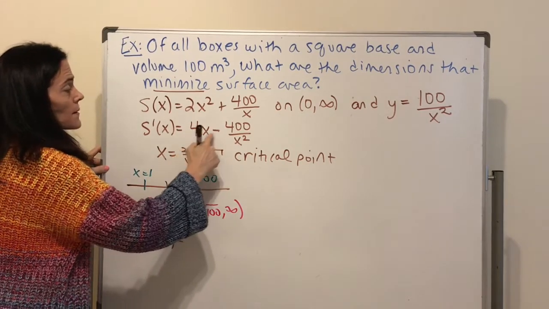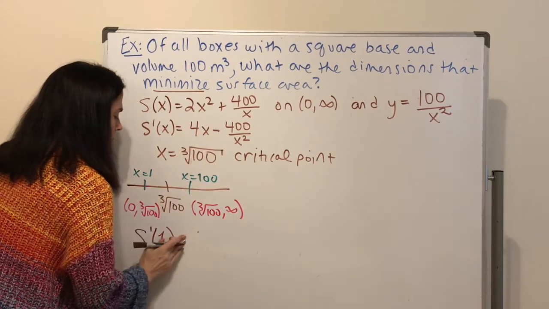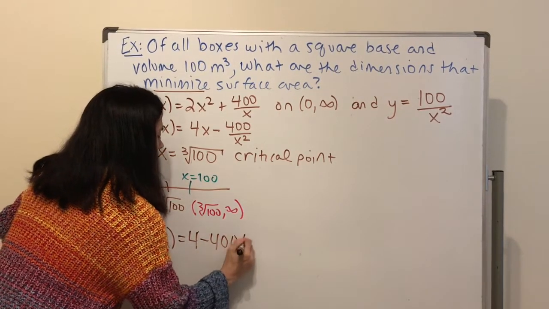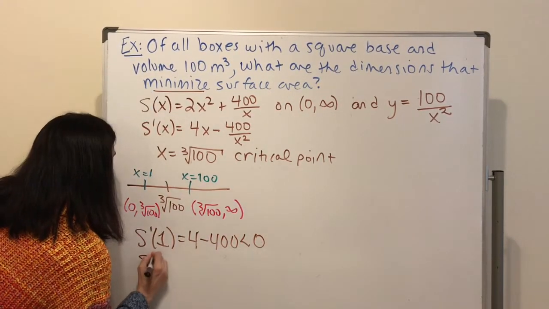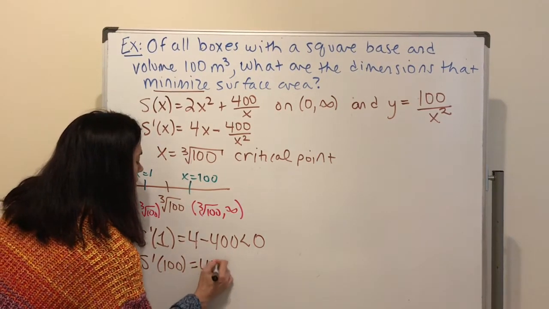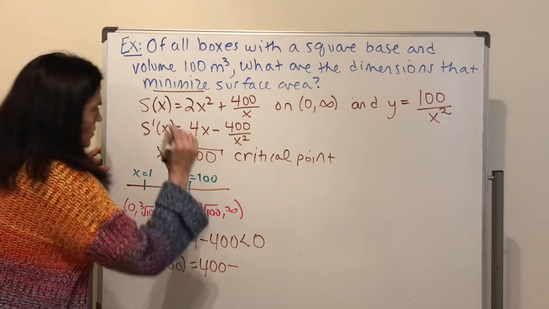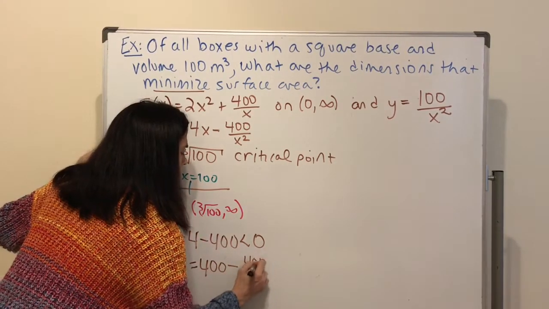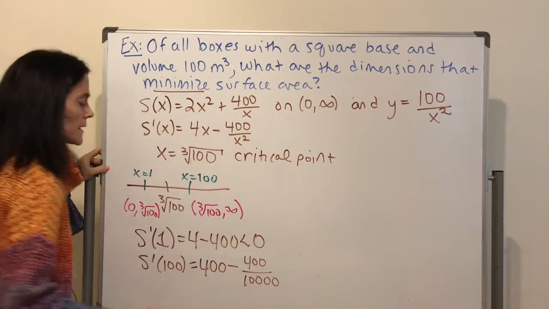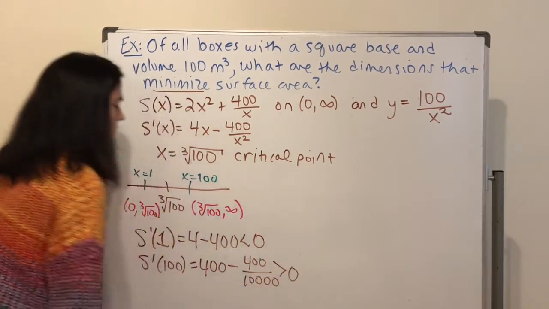We get 4 minus 400. Oh, maybe I'll write that. Definitely negative. And at 100, we get 400 minus, oh, well, this is a number less than 1. It's 100 squared. Okay, this is definitely positive.